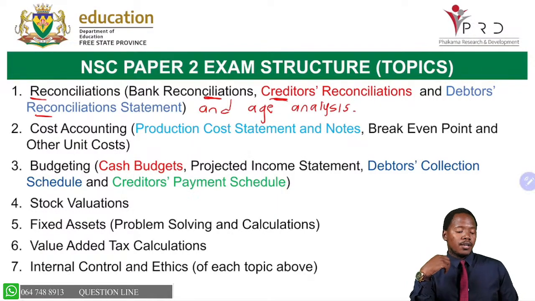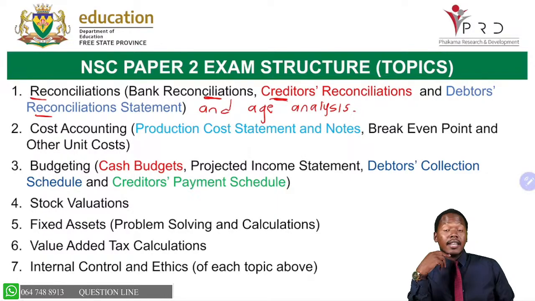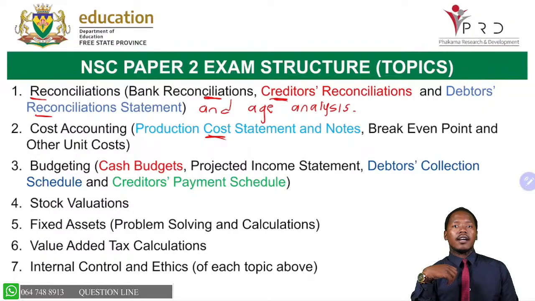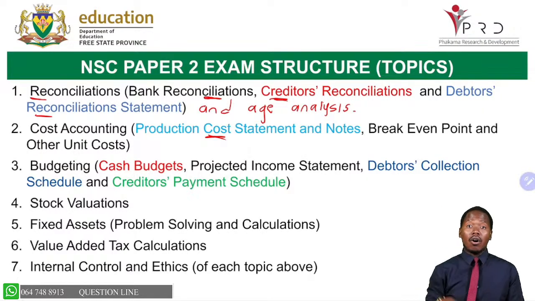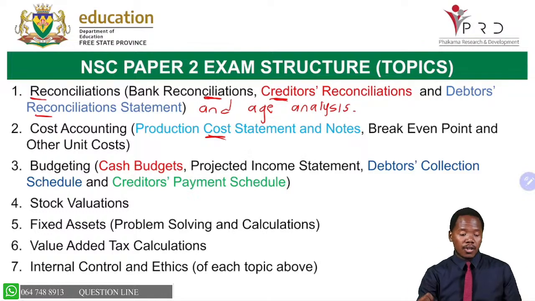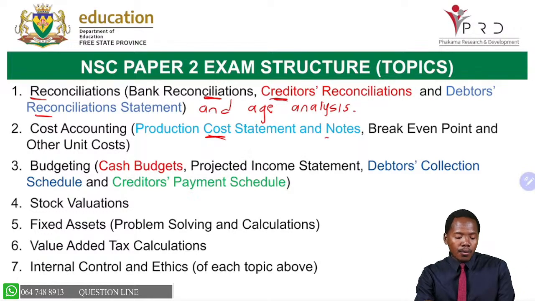And then number 2, we should expect to see our cost accounting. Under cost accounting, we are going to be seeing our production cost statement as a whole or just calculation of certain items in our production cost statement, our note for production cost statement.